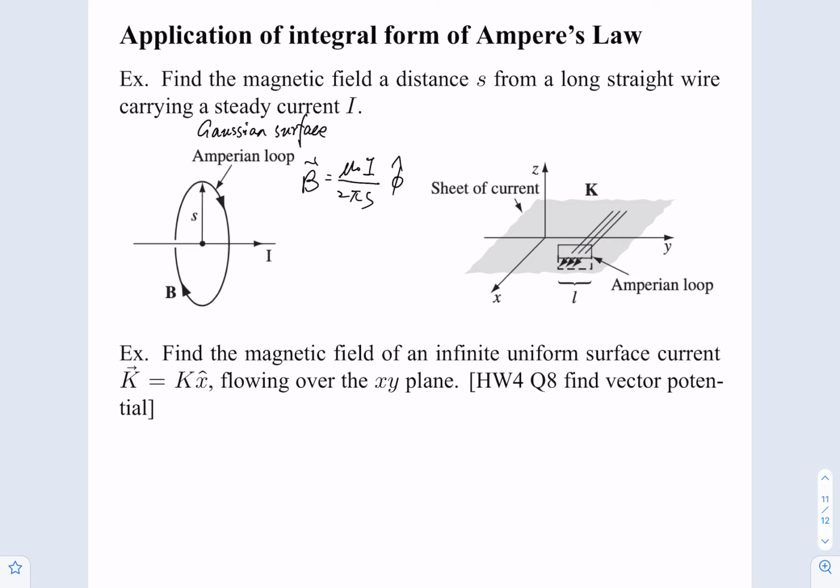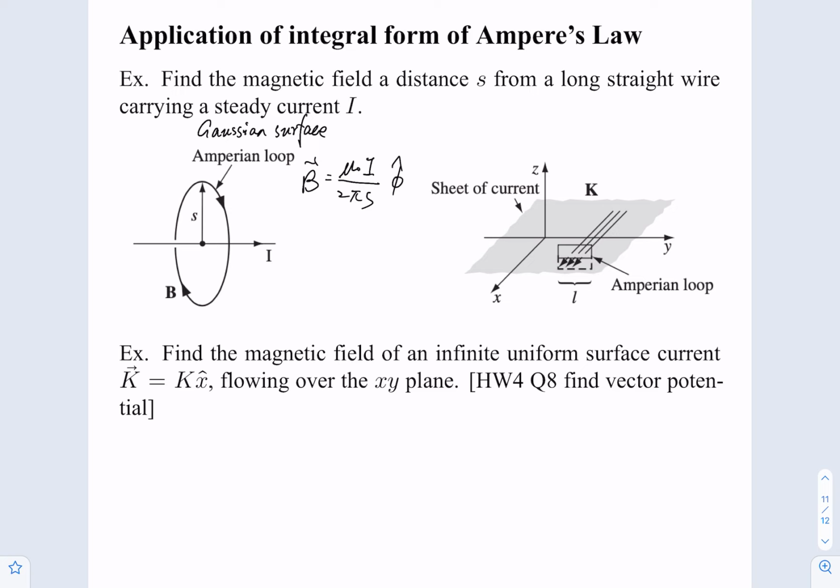Let's call this the Amperian loop. In this loop, the B field is a constant.